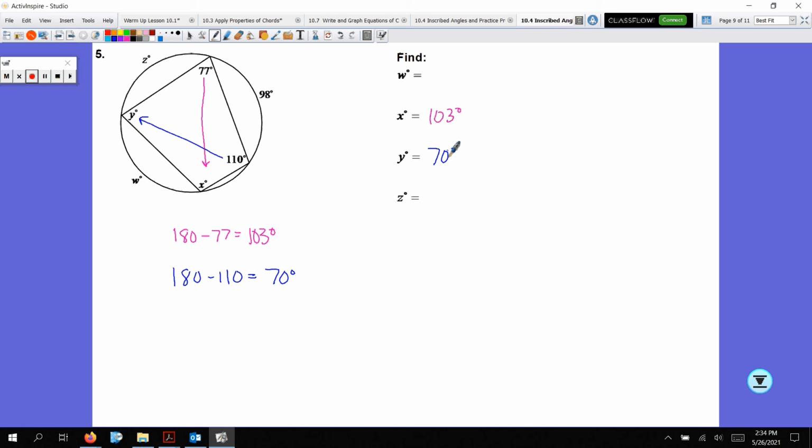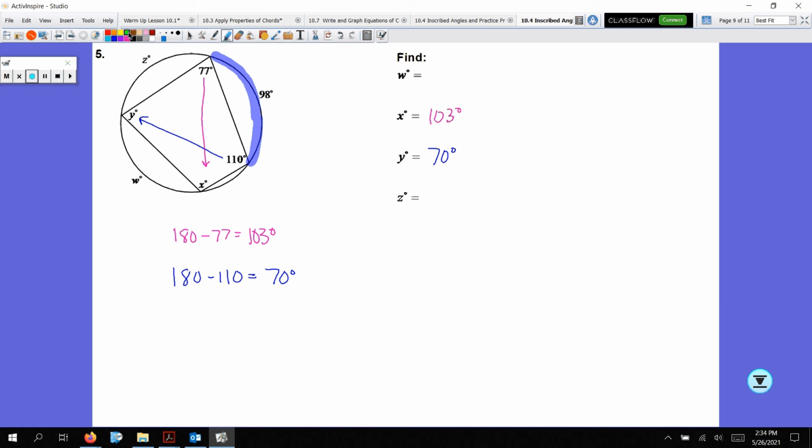Please note that this 98 degrees is talking about this portion of the circle. We need to figure out the rest. So I'm going to use my fancy highlighter, and hopefully we can figure that out.